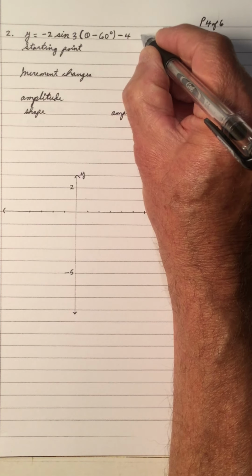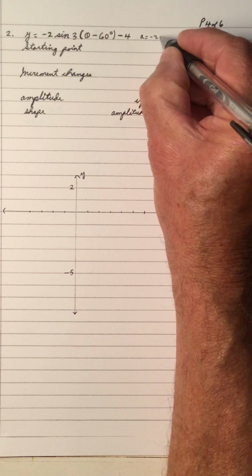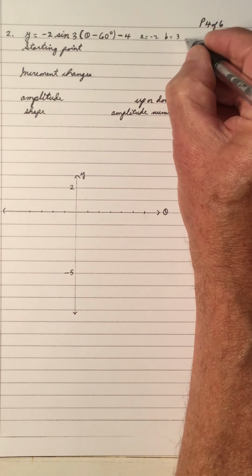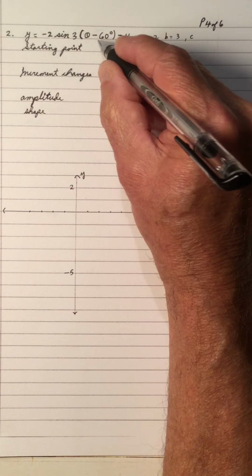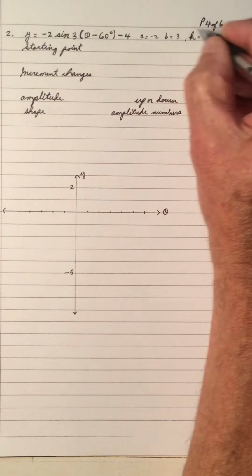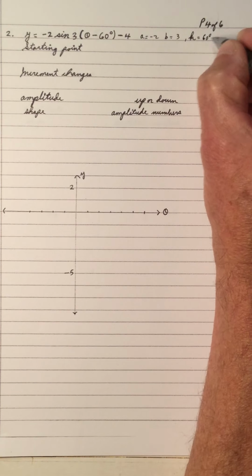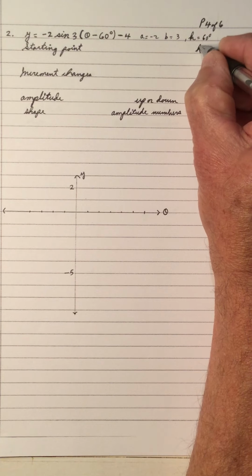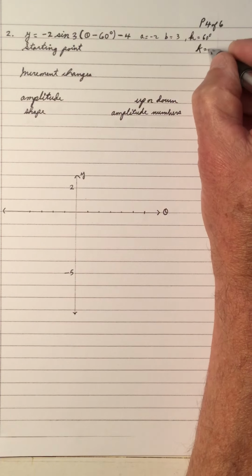So in this equation, A is negative 2, B is 3, H is positive 60, and K is negative 4.